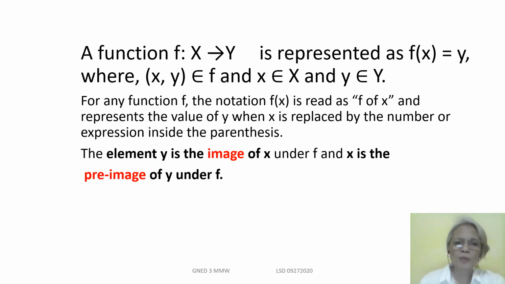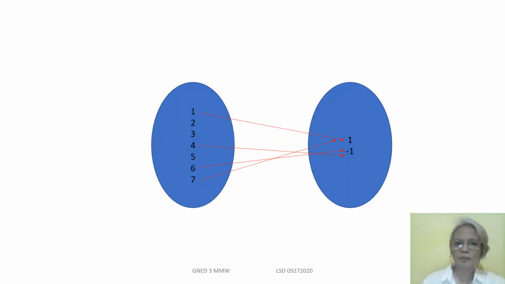So the element y is the image of x under f, and x is the pre-image of y under f. Here, for example, 1 is mapped to 1, 4 is mapped to -1, 7 is mapped to 1, and 6 is mapped to -1. Suffice to say, odd numbers are mapped to 1, and even numbers are mapped to -1.